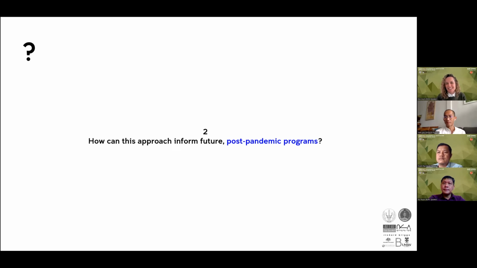So, as we said, this is a fairly fresh experience. We only ran this in January. So we've been thinking more recently about how some of these learnings can help to inform what we do in the future.